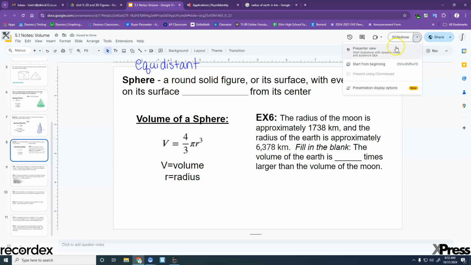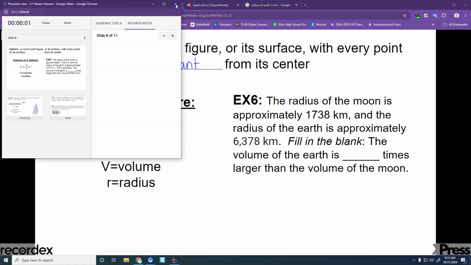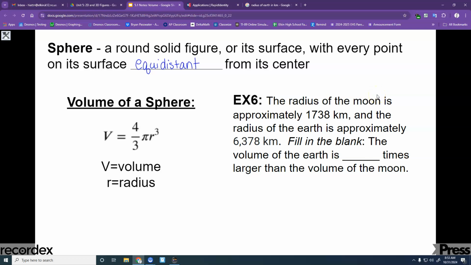Let's go back. Okay, so fill in the blank. The volume of the Earth is blank times larger than the volume of the moon. Okay, so for this, we're going to need to find the volume of the Earth and the volume of the moon, right?